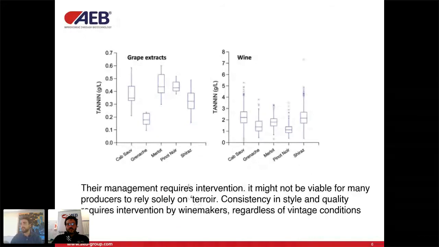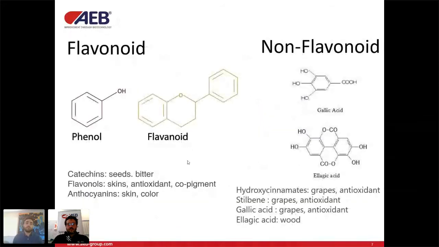So the phenolic compounds in the wine can be divided into flavonoids, which are present in the grapes, among which catechins are present in the seed and are bitter, while the flavonols and the anthocyanins are present in the skin. One is more an antioxidant, and one is responsible for the color.